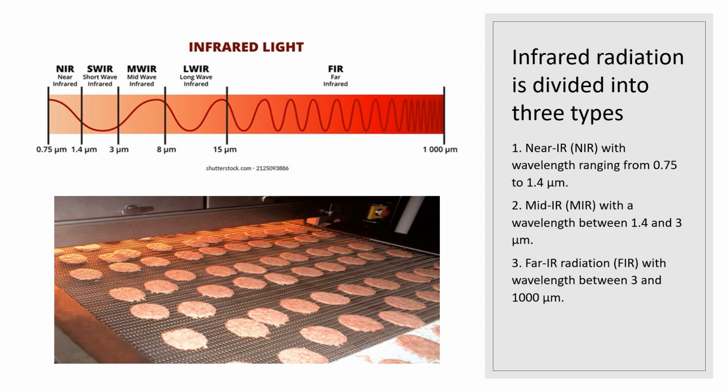Near infrared wavelength ranges from 0.78 to 1.4 micrometers, mid infrared wavelength ranges from 1.4 to 3 micrometers, and far infrared wavelength ranges between 3 and 1000 micrometers. You can see in this image, it is very clearly evident.